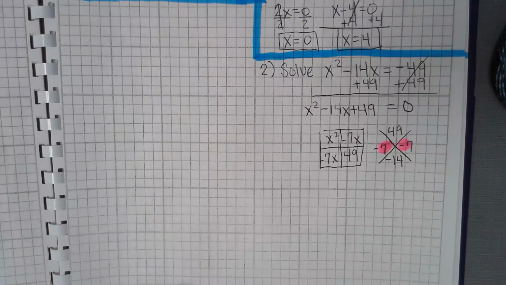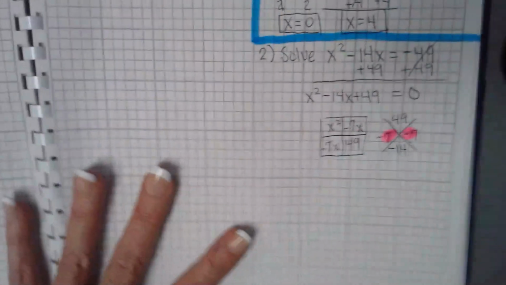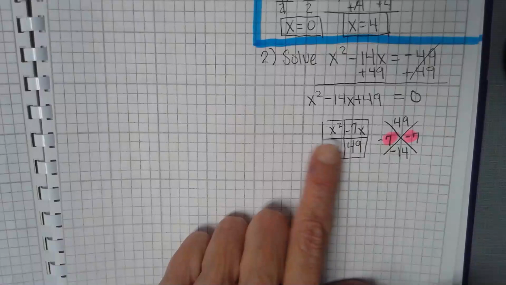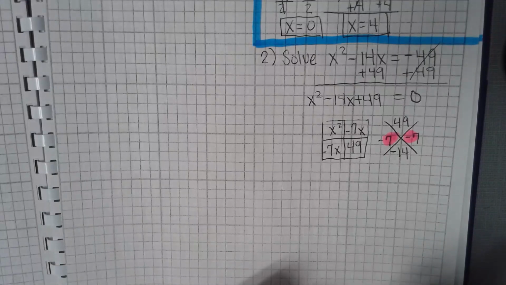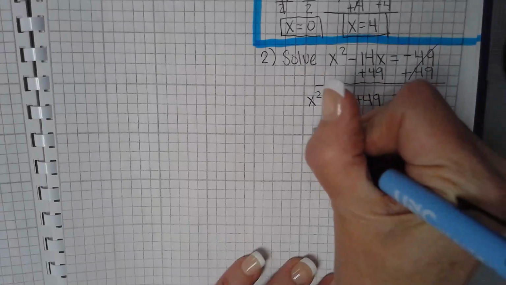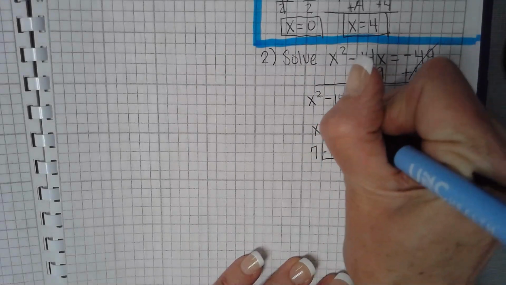Okay. Right, finding greatest common factors here. I'll pause a minute, let you do it. Okay, you should have gotten x and 7 and x and 7.